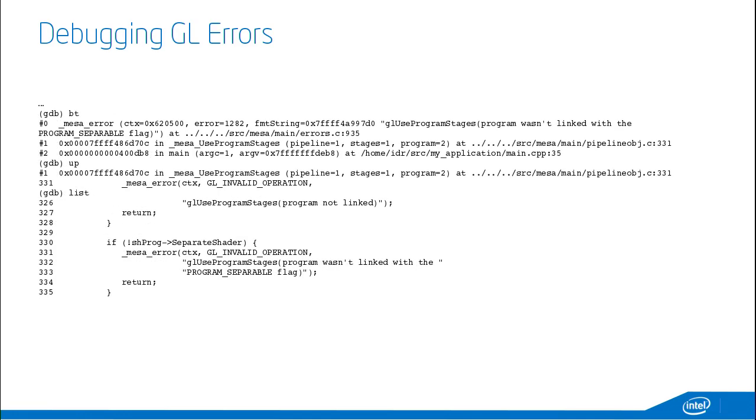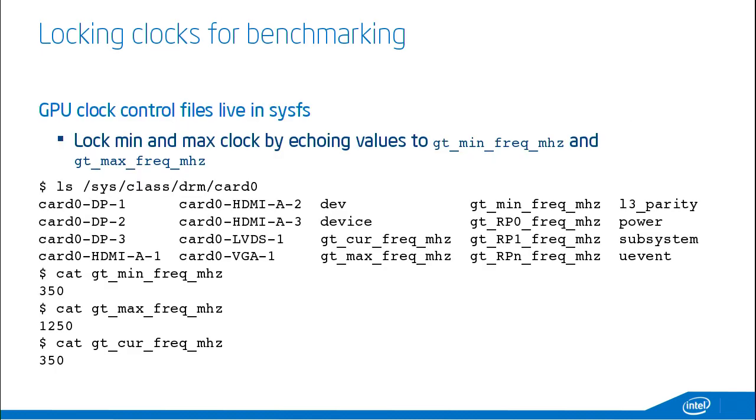So frequently when people are benchmarking code, if you've made something that you believe is an optimization in your code, you want to do before and after tests, but GPUs like to change their clocks around and adapt things, and that can make it hard to get consistent data for your before and after checks.